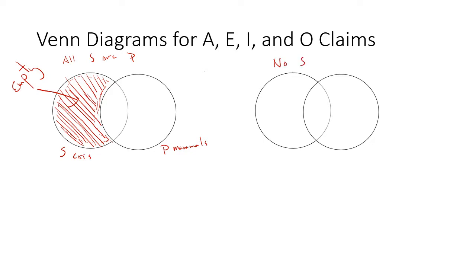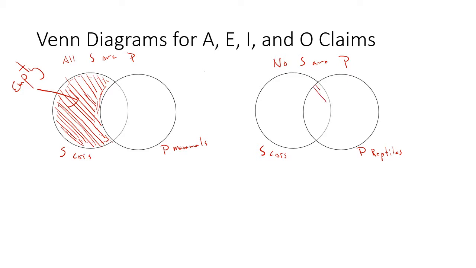So if you have an E claim, like no cats are reptiles, then instead of the area on the left being empty, it will actually be the area in the overlap, the middle, that is empty. And again, that would be indicated through shading.